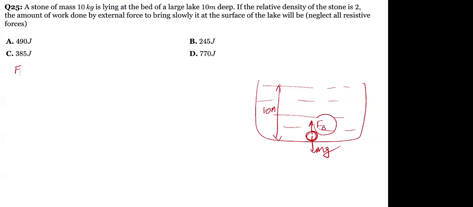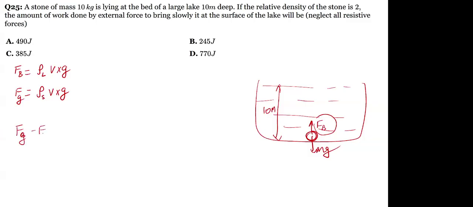And if you calculate FB, it is nothing but density of the liquid multiplied by volume of the solid submerged multiplied by gravity. And the force of gravity is rho, which is density of the solid, multiplied by volume of the solid multiplied by g. Now, the apparent weight or the apparent force will be FB minus FG.